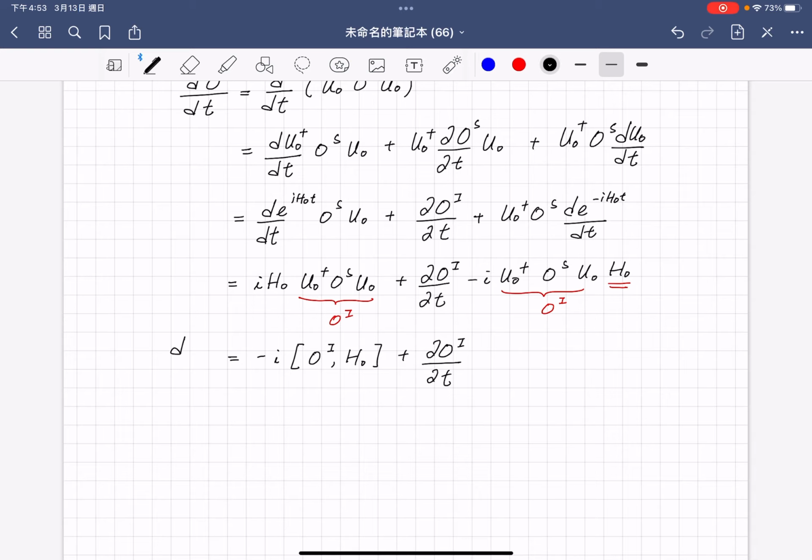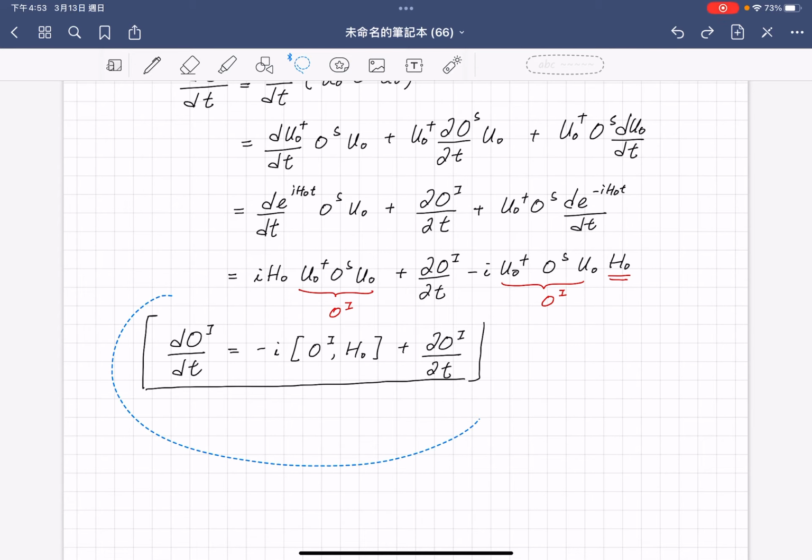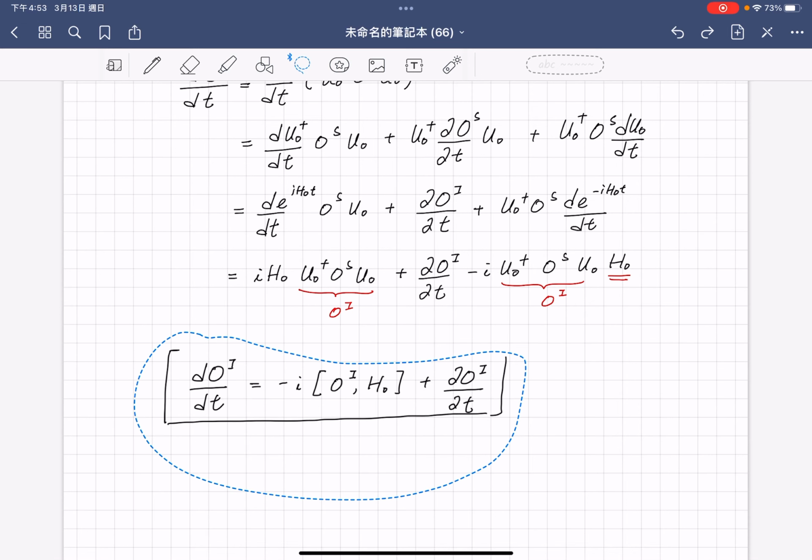Well, taking this term back, completing the equation, then we arrive at the equation of motion in the interaction pictures for any kind of operators.